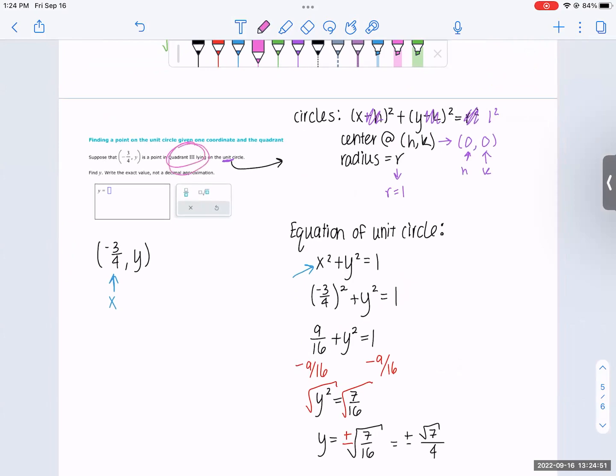So it says that we're in quadrant 3. We know that in quadrant 3, down here, the x and the y values are both negative. So this would be negative. Y is equal to negative square root of 7 divided by 4.